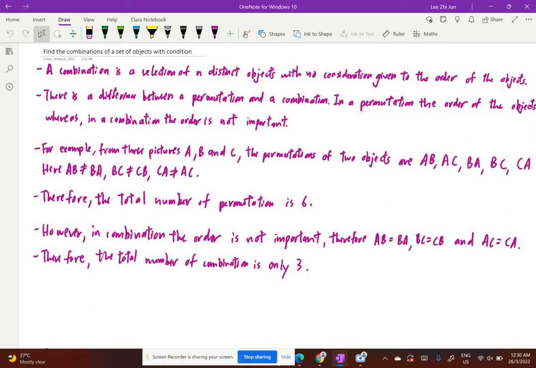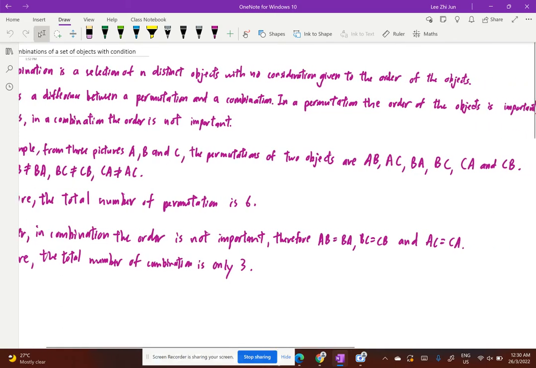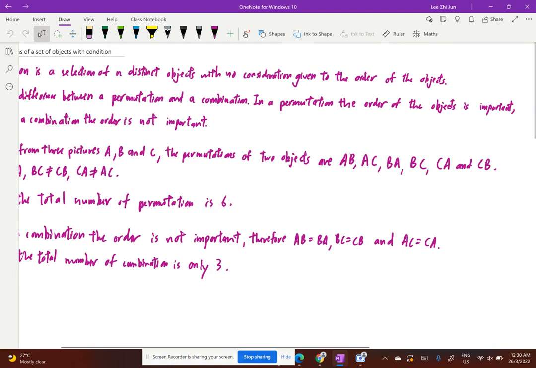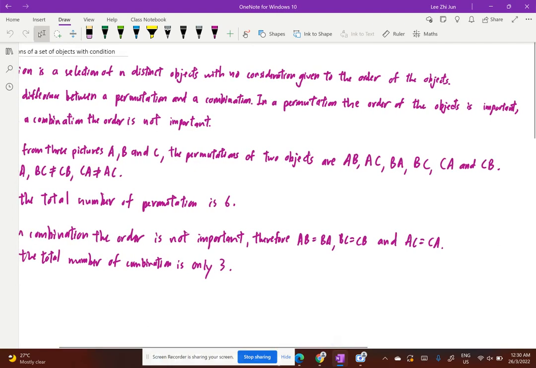For example, from three pictures A, B, and C, the permutations of two objects are AB, AC, BA, BC, CA, and CB. There are six arrangements.